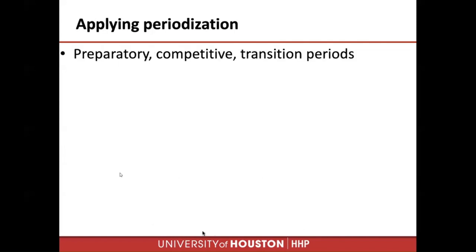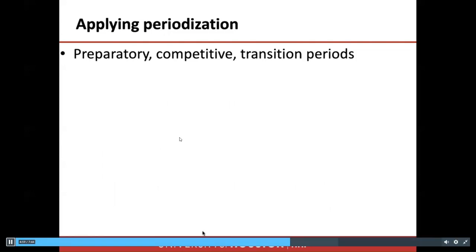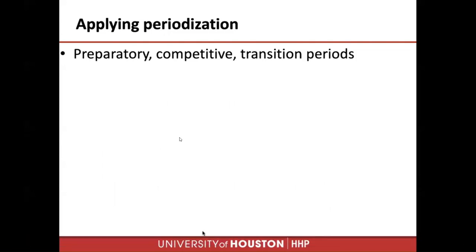When we apply periodization, we're going to think about, if it's an athlete, their prep phase, their competition phase, and their transition periods. This is the difference between ACSM and the NSCA CS exam. The ACSM is mostly concerned with general fitness and reducing cardiovascular disease risk factors, whereas the NSCA CS exam is more towards working with athletes. Obviously, you can have a CS and work with a general population.